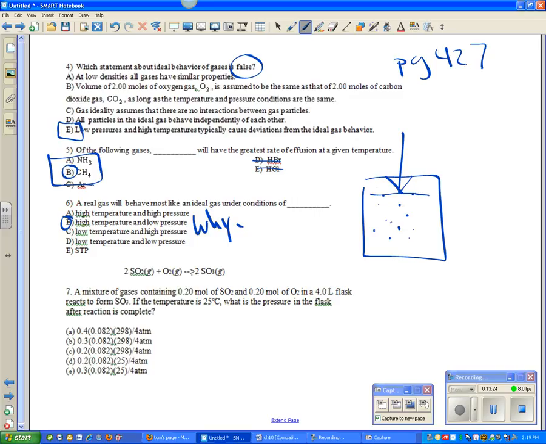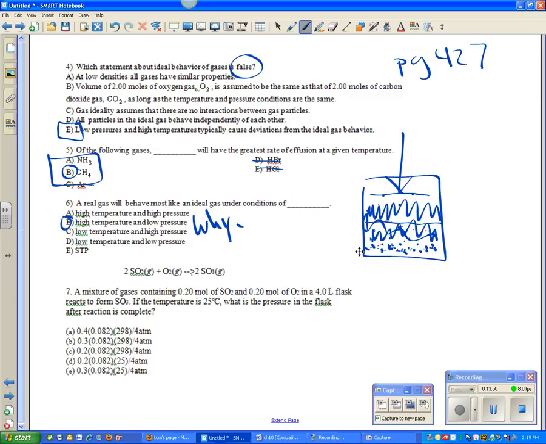So now all these particles are much closer together. When I compress them and they get even closer, we get really close to actually making them a liquid, and they start to deviate quite a bit.